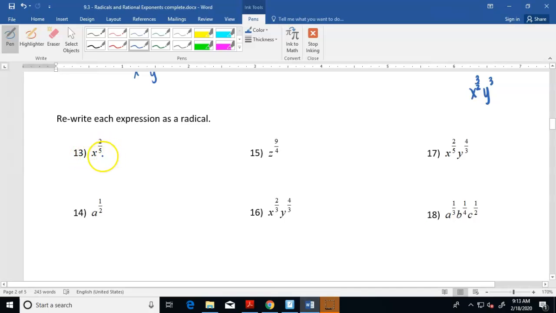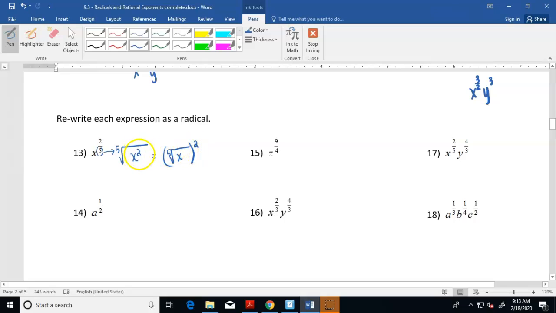So, for 13, if I've got x to the 2 over 5 and I want to write that back as a radical, then I would have a root. It would be a 5th root because the root is on the bottom of the fraction, so it goes here. That means I'd have x squared. Like this. I should also tell you, sometimes you'll see it written like this, the 5th root of x squared.